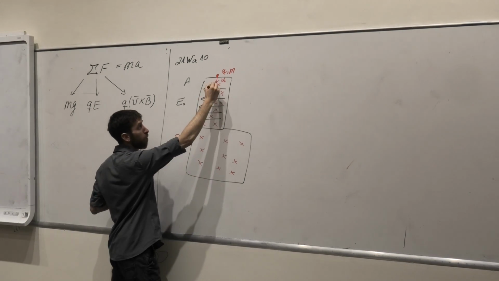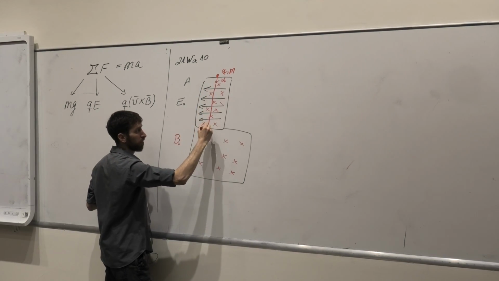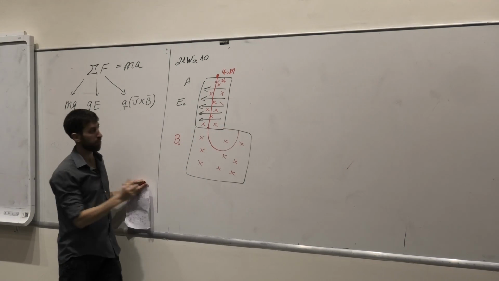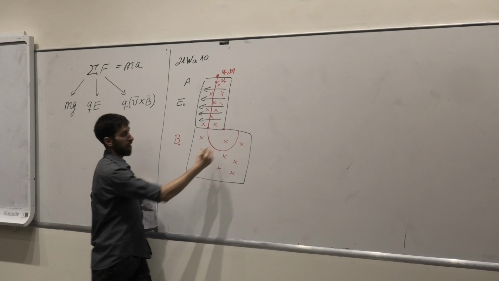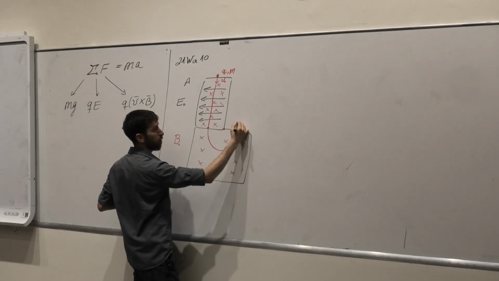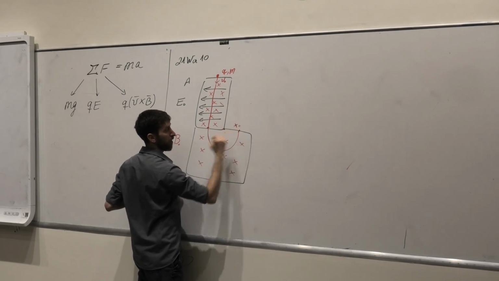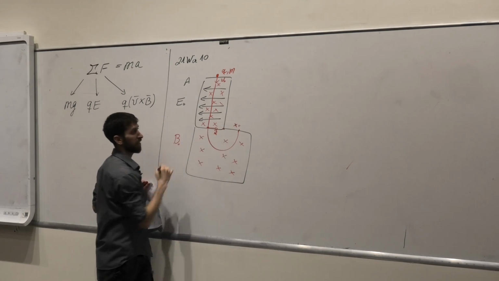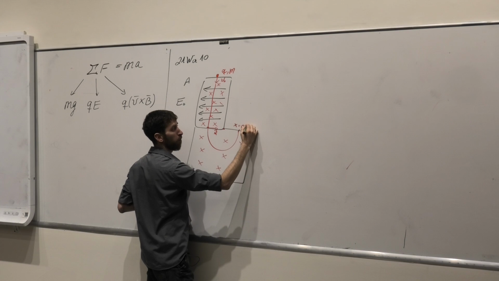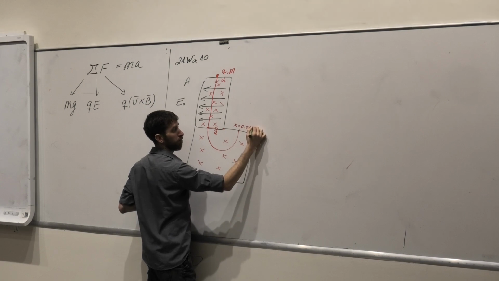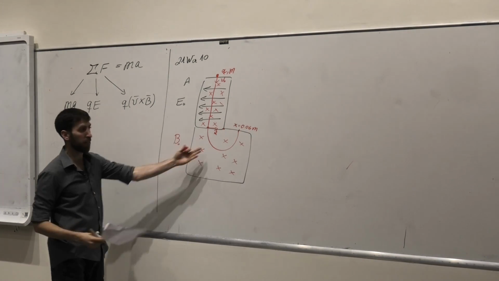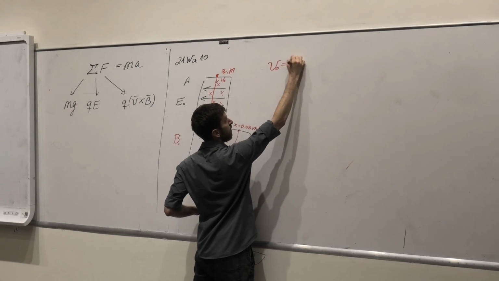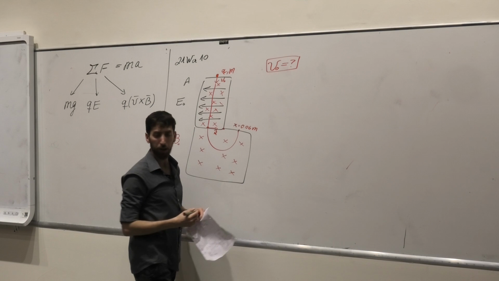The particle goes through this zone, then curves and lands at this location, which is going to be at x equal to 0.06 meter, so 6 centimeters. And the question is, what is the velocity of the particle?